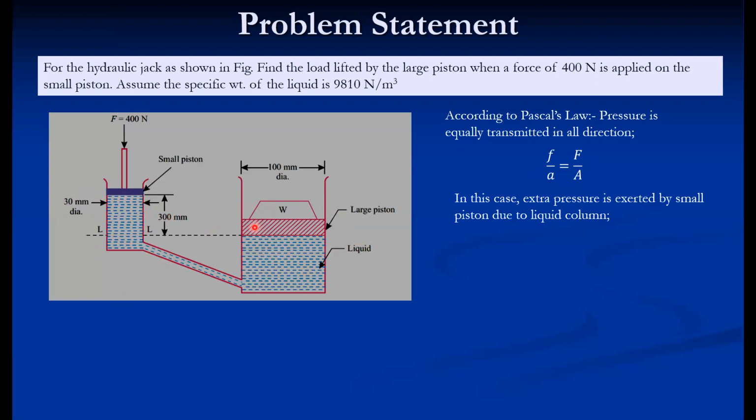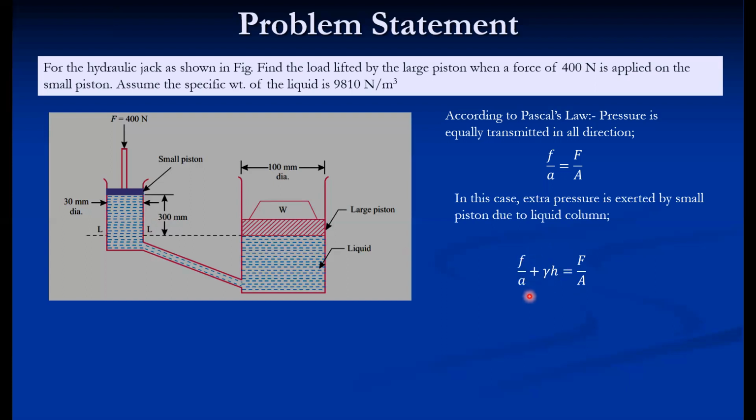This equation is applicable only when both piston-cylinder assemblies are at the same level, but they are not at the same level. The larger piston is 300 mm below the smaller piston. So the pressure here is the applied pressure plus the pressure due to the weight of the liquid column: F upon A plus gamma H, that is rho g H, according to the hydrostatic law, which we are going to discuss in the next lecture.